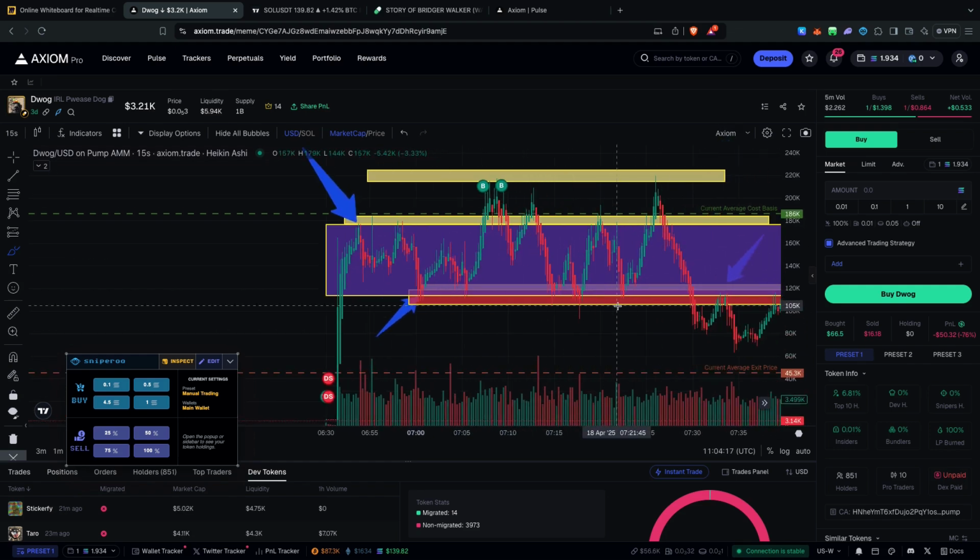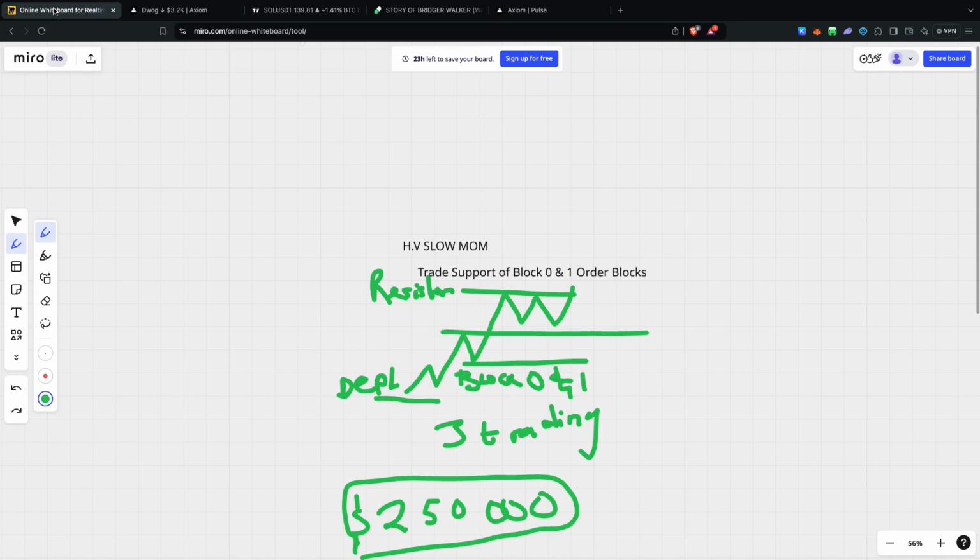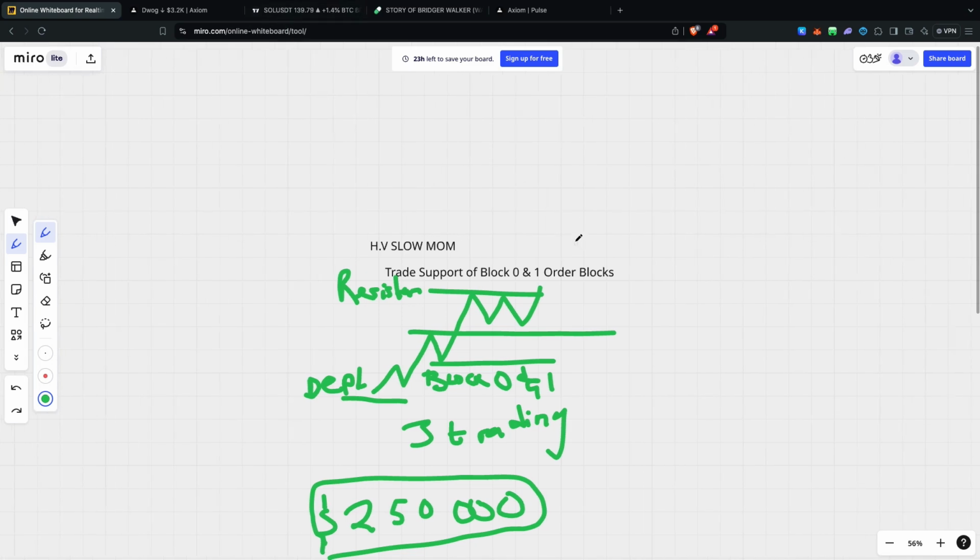The reason why I ended up losing this trade right over here is because I was trading the breakout of the roof. When it comes to slow momentum, it's already telling you that there is no fast momentum. So why would you want to trade the breakout? Remember, when I was backtesting this method, I wanted to backtest between trading the breakout and trading support.